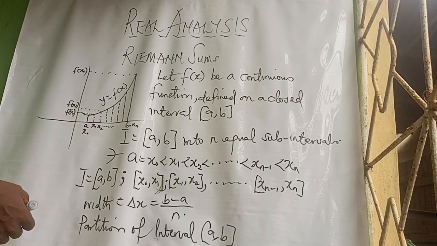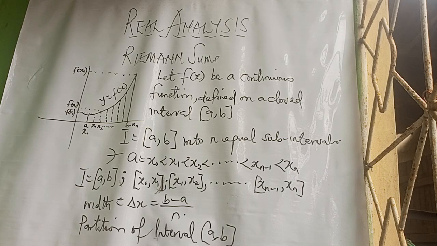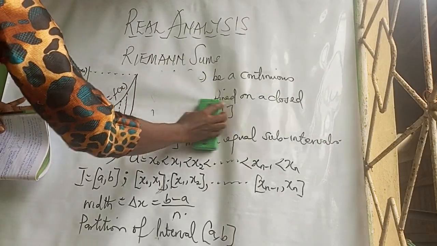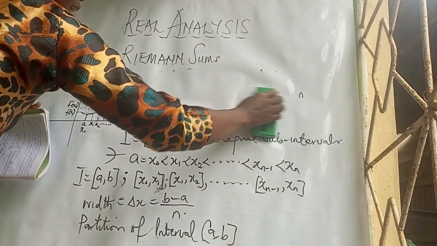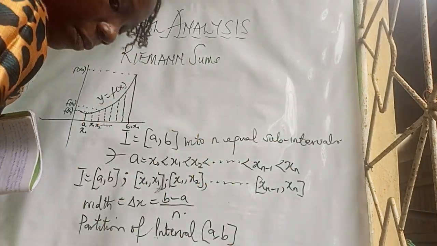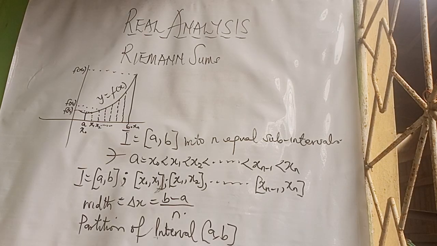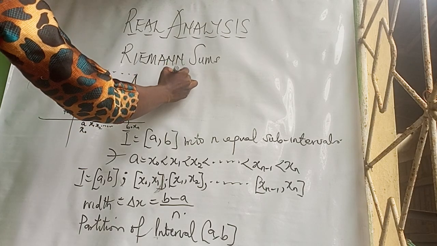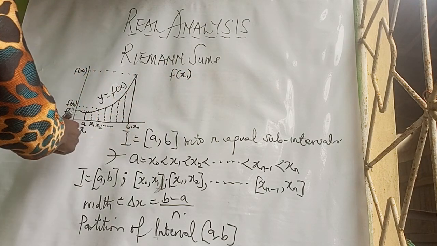How do we calculate the area of a rectangle? You will remember that the area of a rectangle is calculated as length times breadth, or length times the width. The height of the rectangle, which is my f of x, will be the f of x1 times the width.